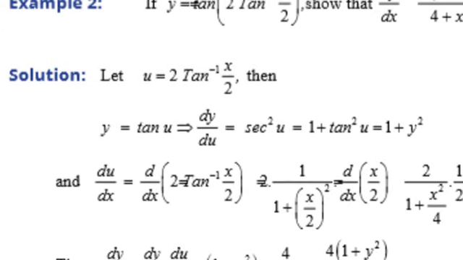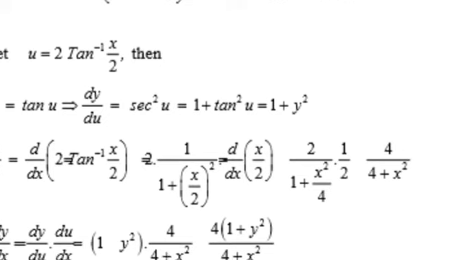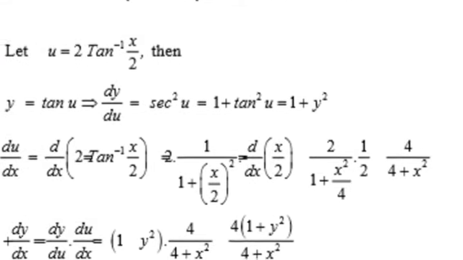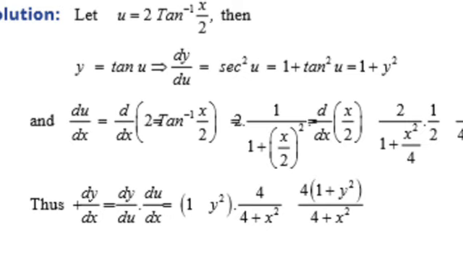The derivative of tan inverse is 1 over 1 plus x square. We replace x by x over 2 and take the derivative of x over 2. Simplify these values, and at the end we apply the chain rule and put these values.